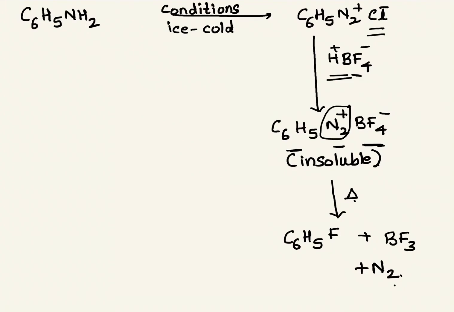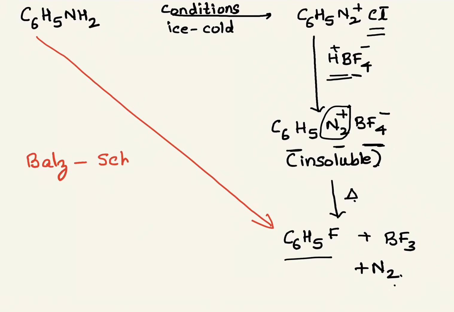Interesting, right? How the Sandmeyer reaction has been put to a good advantage to convert aniline into fluorobenzene, which otherwise directly would have been difficult. So this reaction is given a specific name which is known as the Balz-Schiemann reaction.